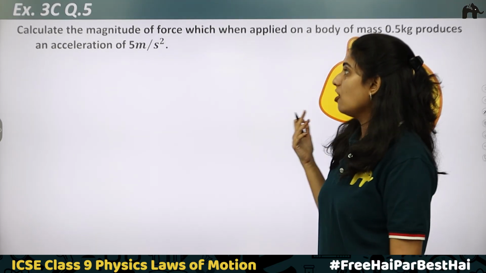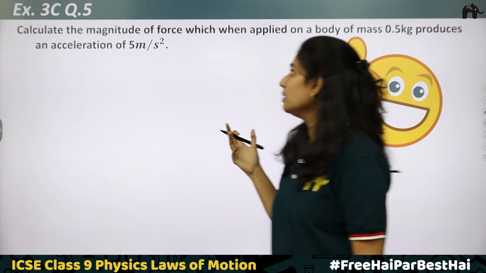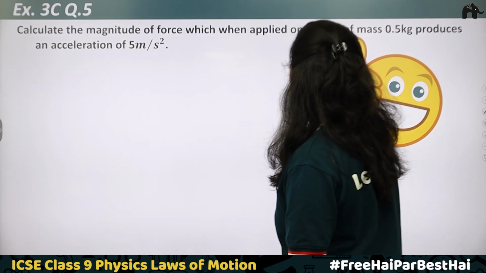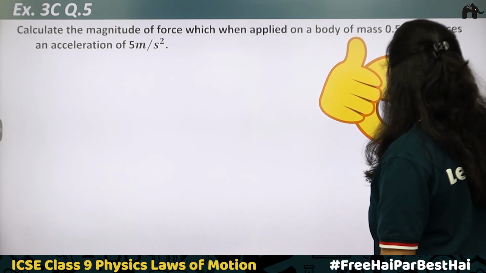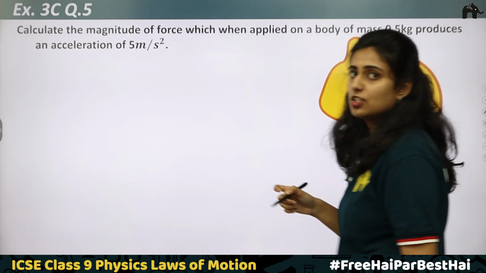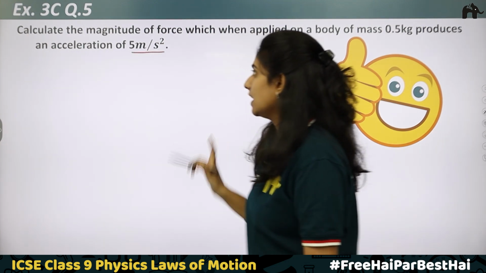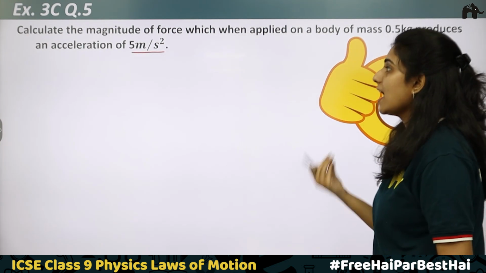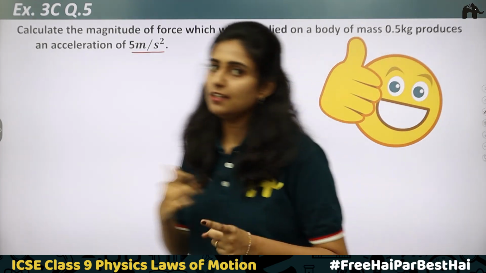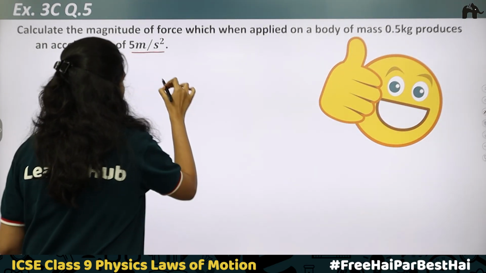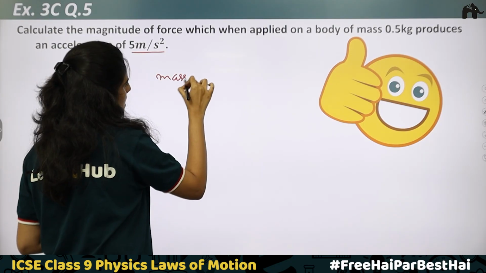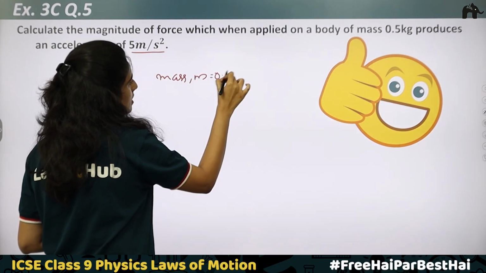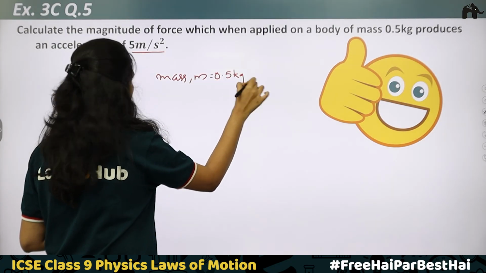Next, question 5 of exercise 3C. Calculate the magnitude of force which when applied on a body of mass 0.5 kilogram produces an acceleration of 5 meter per second square. Here we are given the mass of the body and acceleration. We have to find the force. Okay. Mass M is equal to 0.5 kilogram.